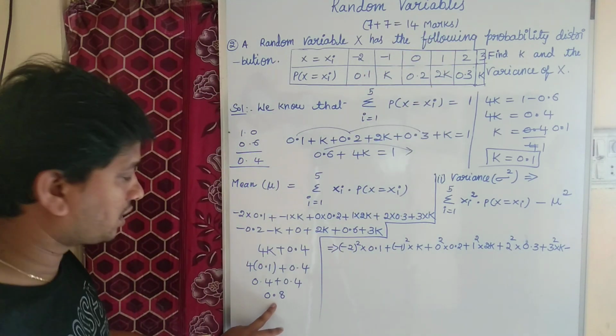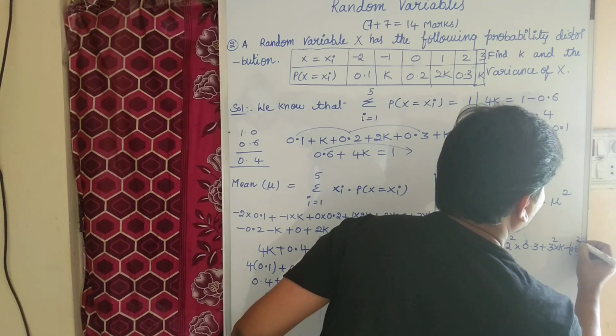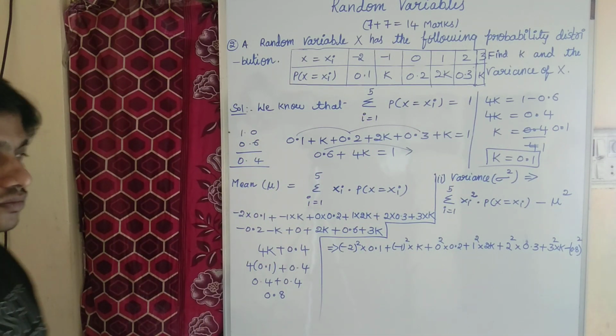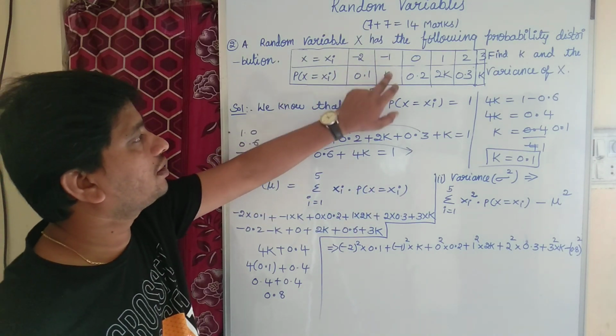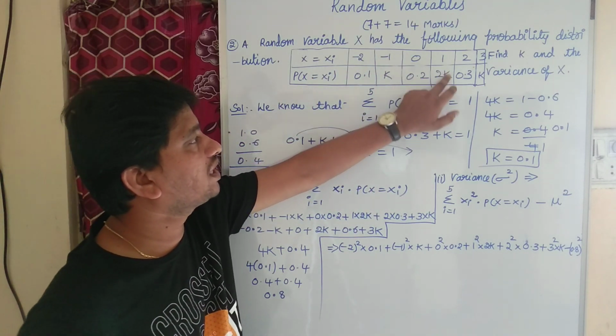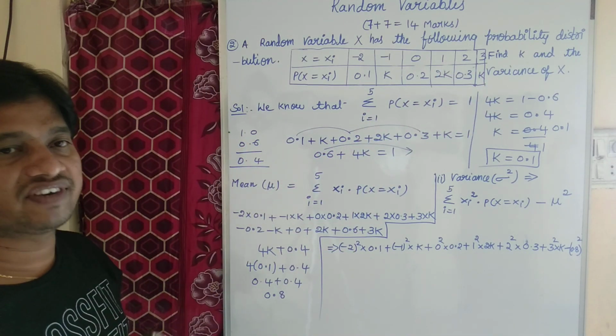What is the value of mu, children? Mu value is 0.8 whole square. Right? Is it clear, children? Square multiply each term, minus mean square.